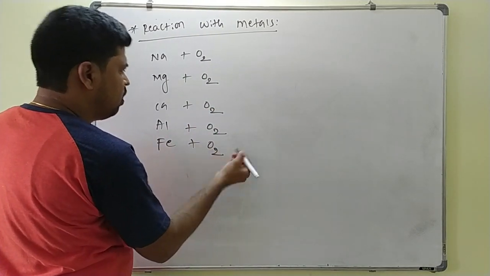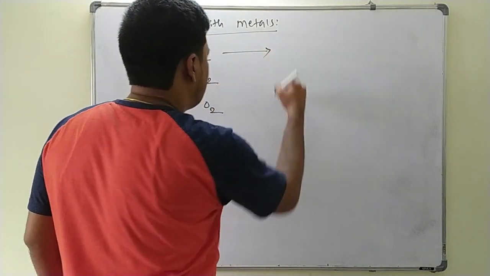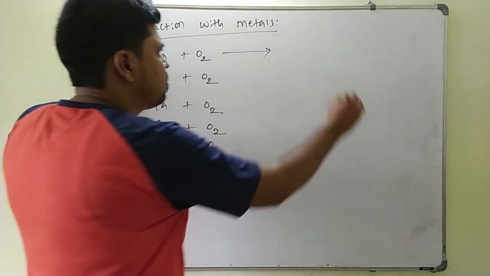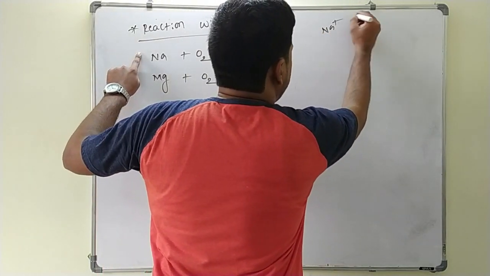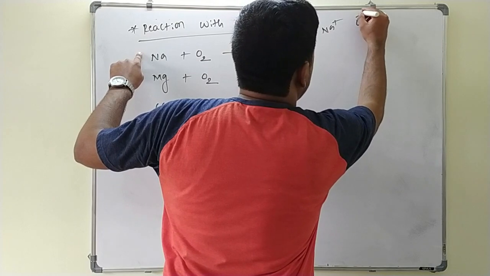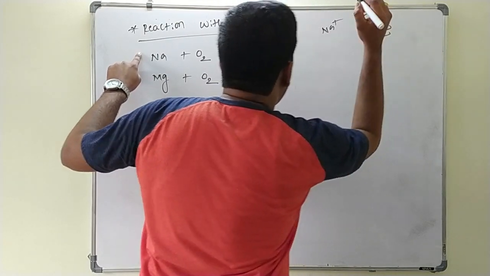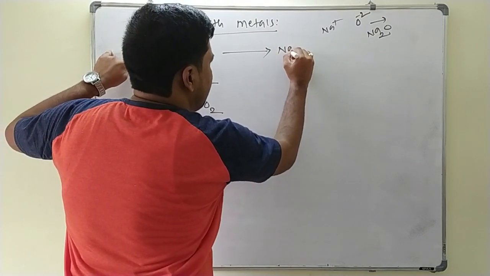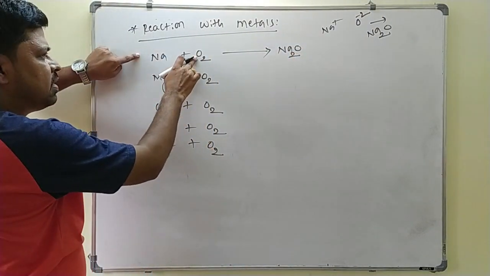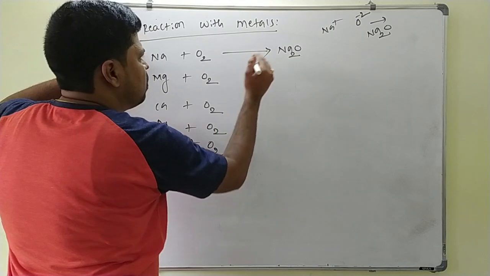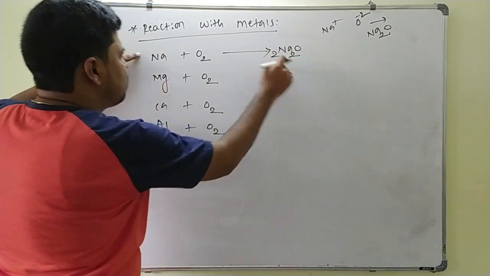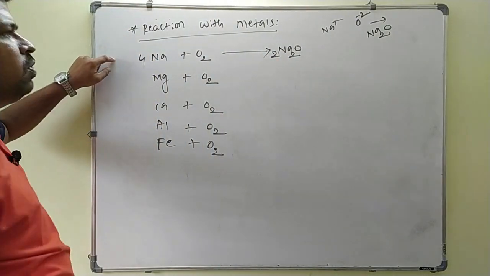Okay, now you see here, you have to write the reaction like this. Sodium is Na+, it is group 1, and oxygen is -2. What is the formula between these two? Na2O. So it will form Na2O, and two oxygens are there, one oxygen is there. So this must be multiplied with 2, so that you have to take 4 times of sodium.